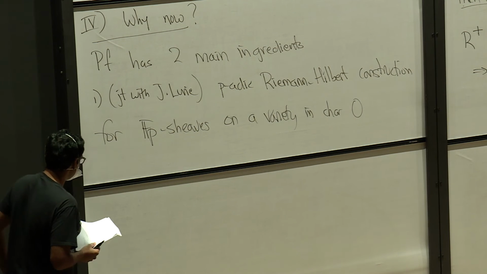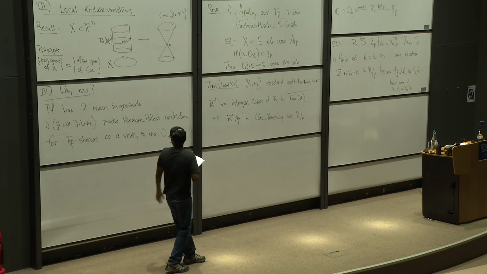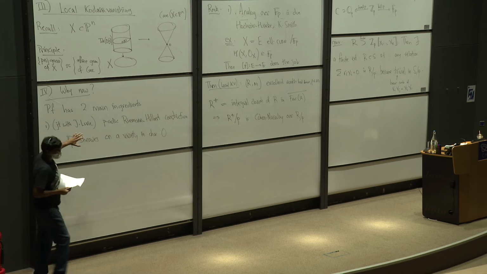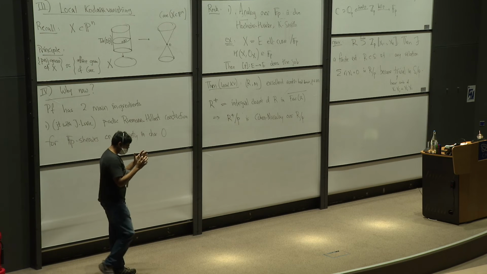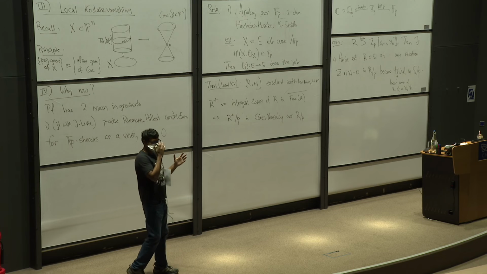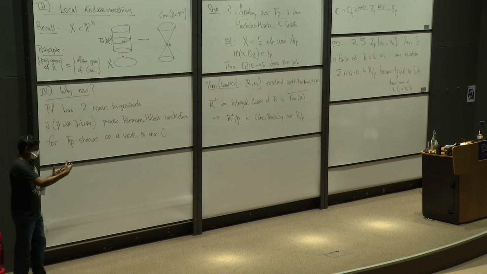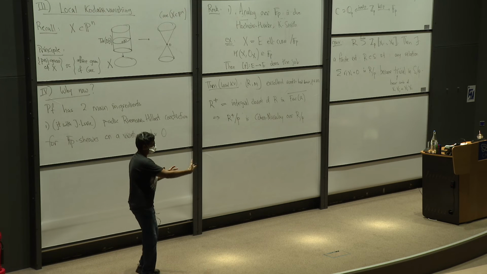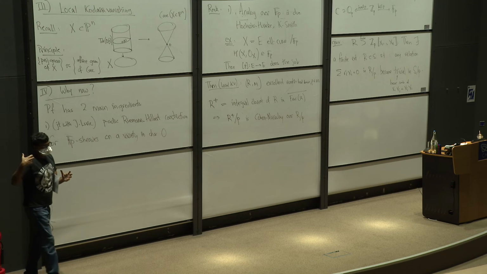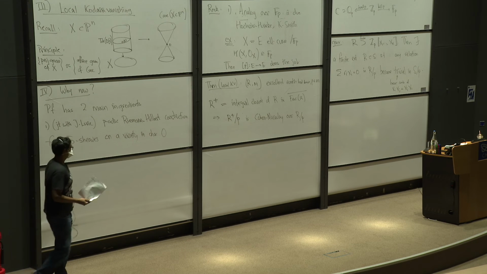So Jacob and I were not trying to solve this problem. We were motivated by some analogies with complex Hodge theory. So in complex Hodge theory, there's this amazing work of Saito, Morihiko Saito, on mixed Hodge modules, which gives you some kind of a package which is very similar to what Beilinson, Bernstein, and Deligne provide with perverse sheaves over a finite field.